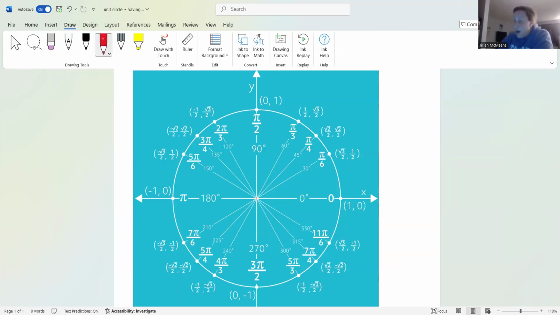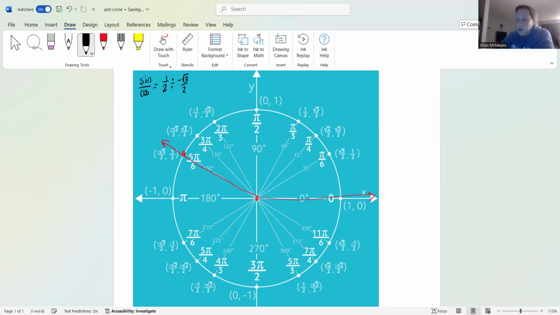Okay, so we have our vertex, our initial side, and our terminal side is going to intersect right here. Okay, so we want tangent of 5 pi over 6. So we know that tangent is sine over cosine. So that's going to be 1/2 divided by negative root 3 over 2.